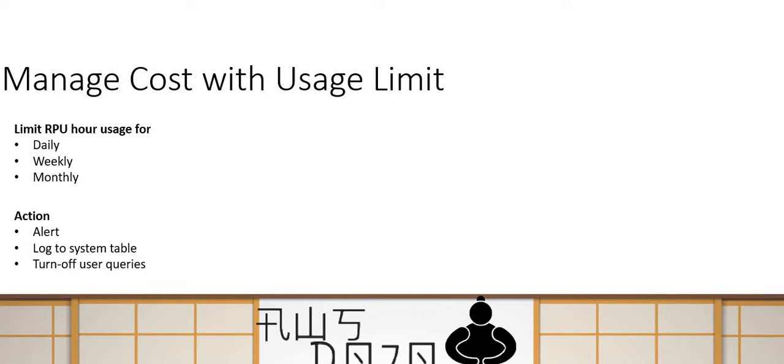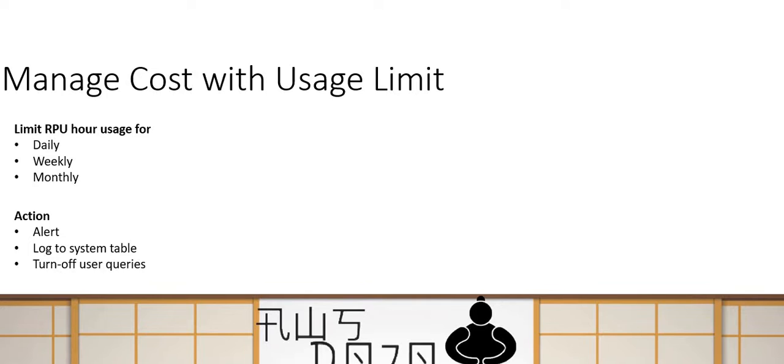In that case, you might want to take some action like increase the limit or do something about it. Or you simply log it in a system table, saying, hey, I have hit my limit, so I can use that for my reporting purpose to know how many times I've hit my usage limit.